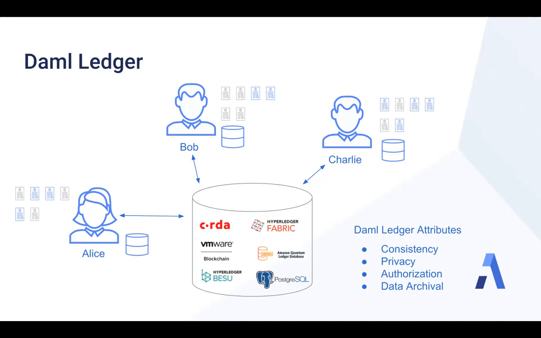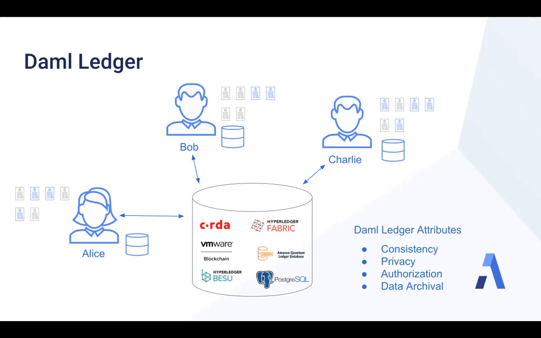Using this model, Daml users have a common nomenclature to compare the different databases and blockchains. So, for example, the Daml ledger model allows all data to be archived, but Hyperledger Fabric doesn't have the capability to delete data. It's an immutable blockchain.